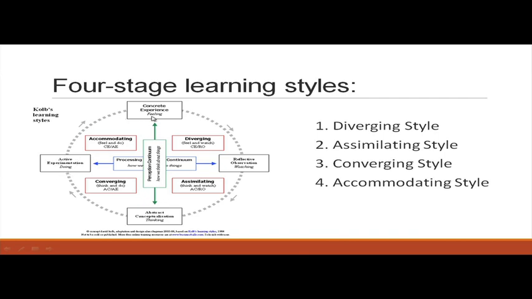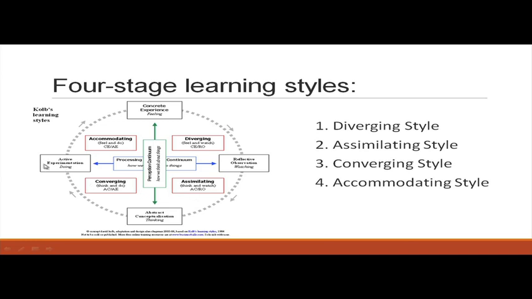So, here feeling and watching, this is called the diverging style. Here reflective observation, that is watching, and abstract conceptualization, that is thinking, in the middle we call the assimilating cycle. Assimilating means think and watch.